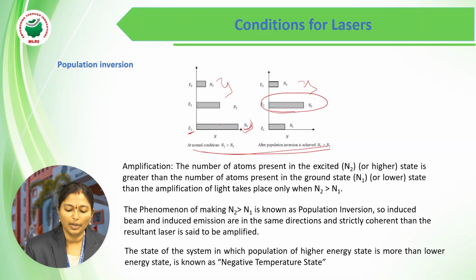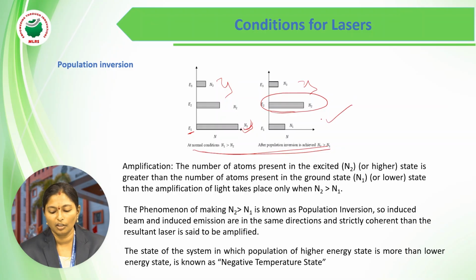Generally, the population means N1 is greater than N2 greater than N3. But here it is not the case; it is the reverse case. In the metastable state, more atoms are going to be accumulated. Due to the longer lifetime, more atoms are accumulated and we have a higher probability of stimulated emission.